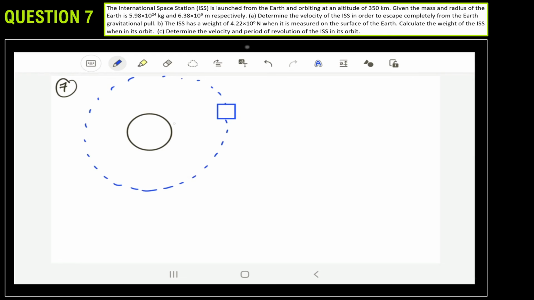At an altitude, given that here is H, the altitude is 350 kilometer. The center of the Earth here is RE.